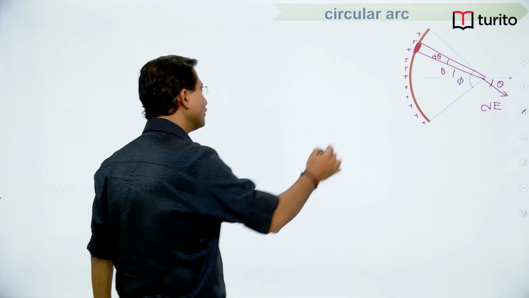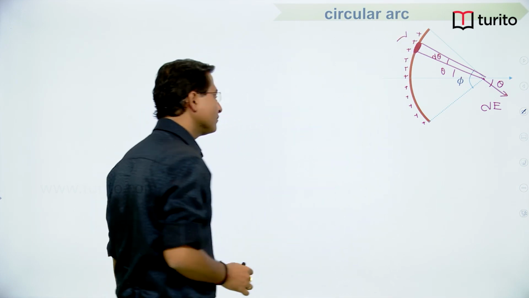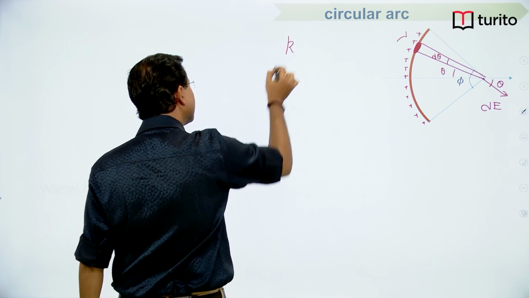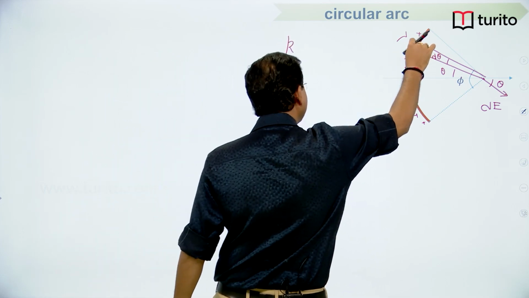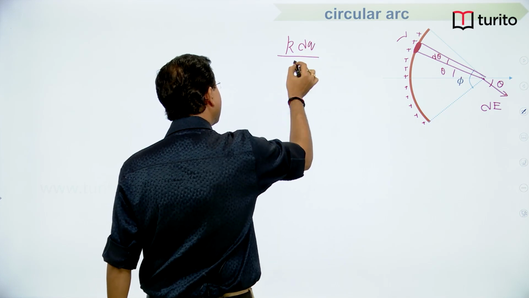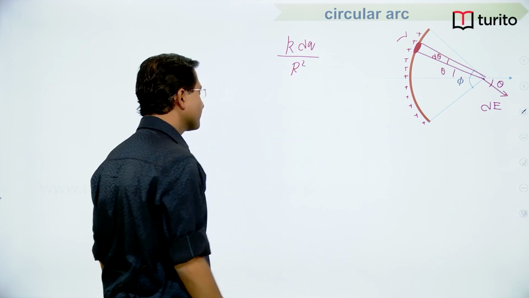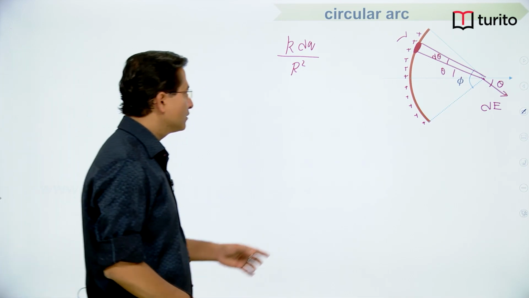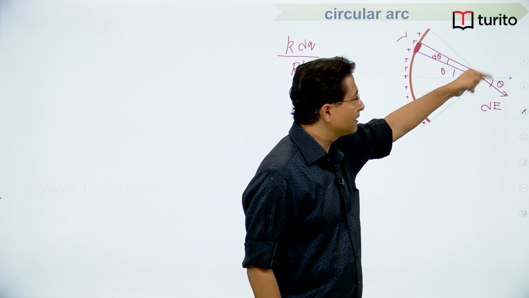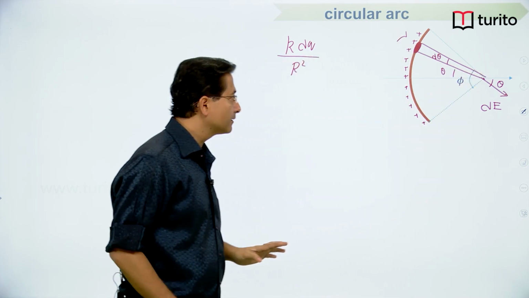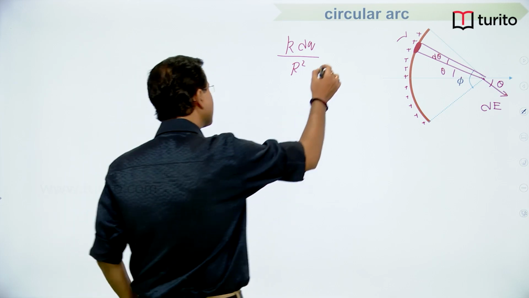So, if linear charge density is lambda, then the formula is k times the charge of this element divided by capital R square, right. And of course, we have to resolve the component because the field is changing direction. If you take an element somewhere here, that will produce field in this direction, right. So, into cos theta.